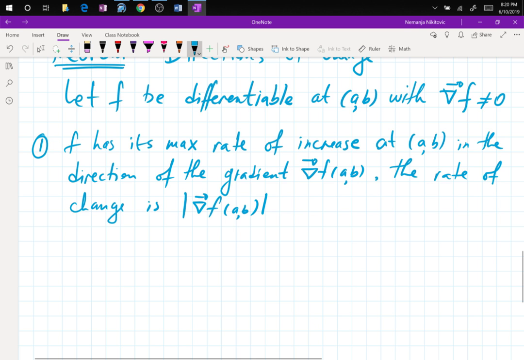So we can plot the entire surface by going to each AB point on the floor in our domain, calculating the z value f of xy to come up with the surface. Then we pick some AB that we're interested in, which produces a single z value on the top of the surface.